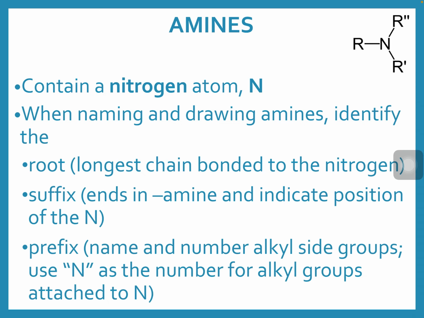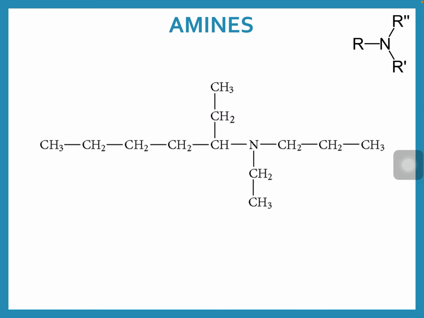For anything that is attached to the N instead of a number, so the numbers refer to one of the carbons, and if we have an alkyl side group attached to the nitrogen, then instead of the number, we're going to use N to say that it's attached to the nitrogen as opposed to one of the carbons in that group. So here is an example, and we have our nitrogen over here.